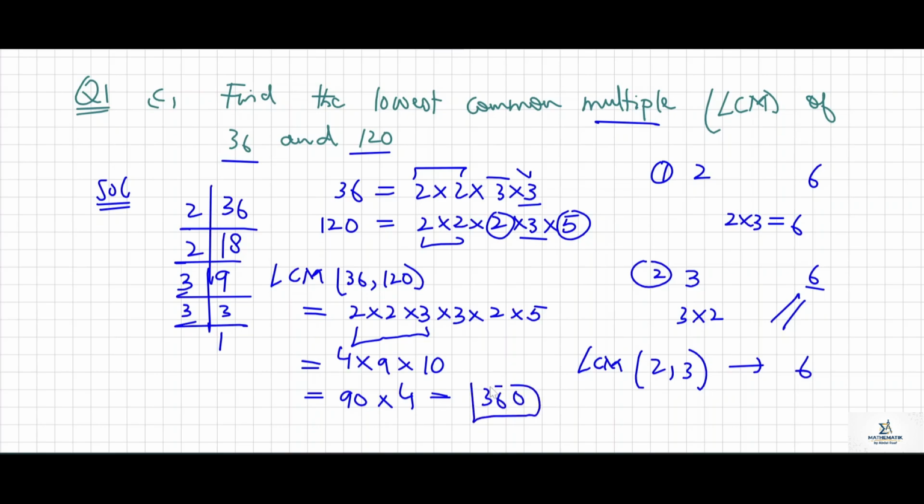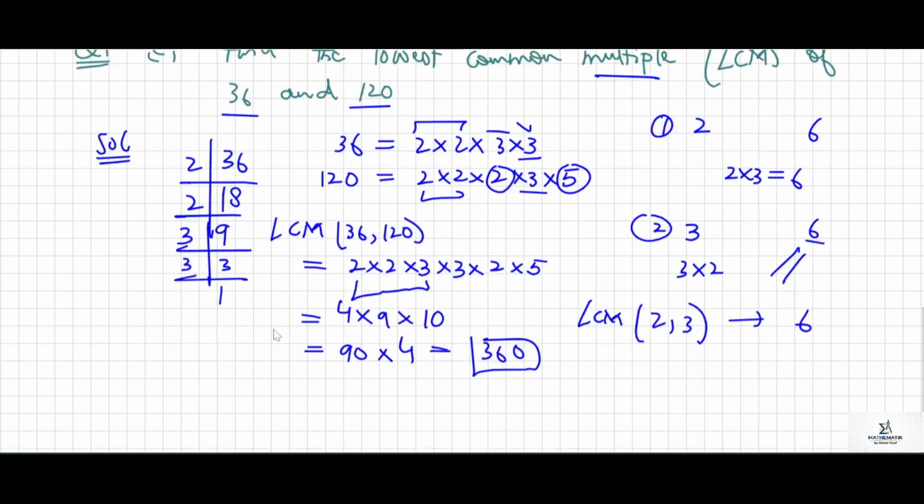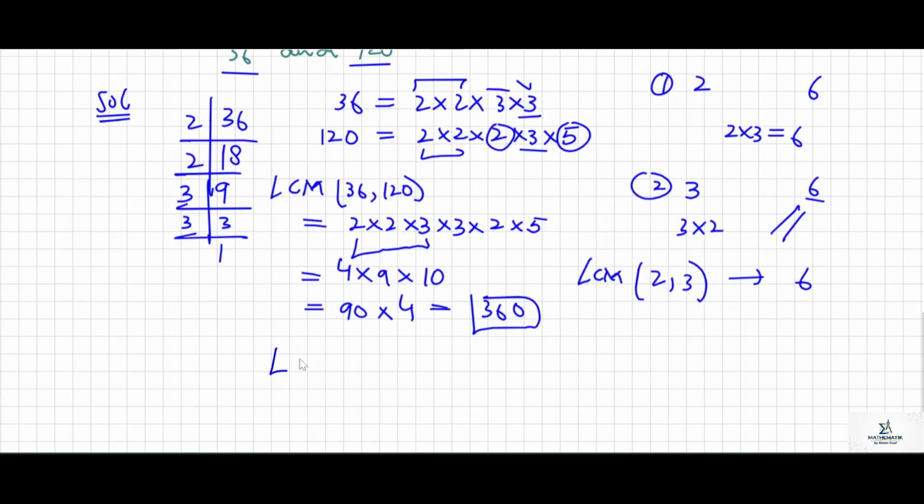So in the last, the answer we got is this, no? LCM of 36 and 120 is 360. You can realize it here, no? This number 36 also divides 360. How?